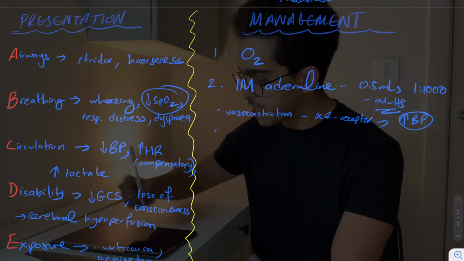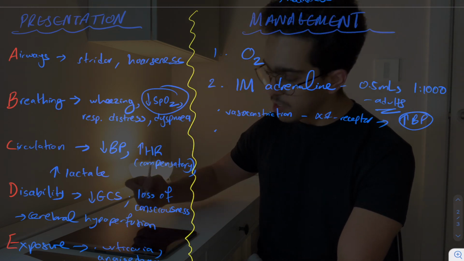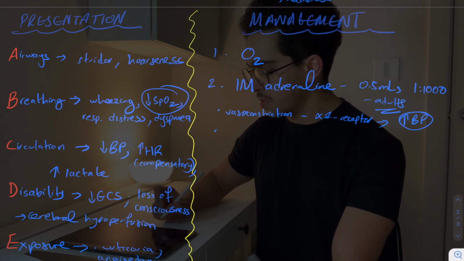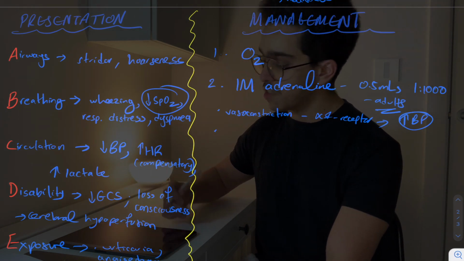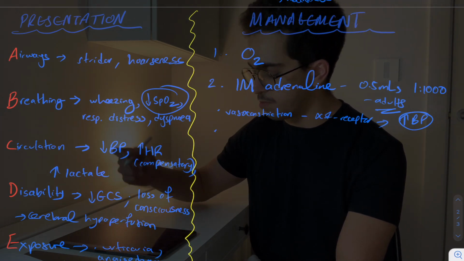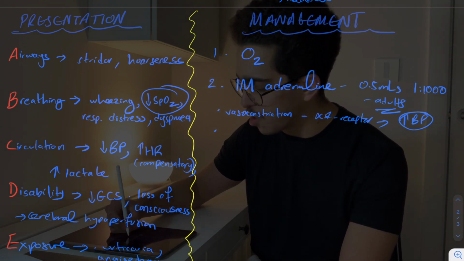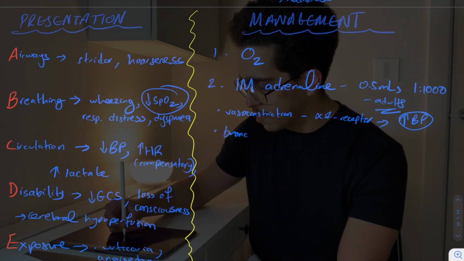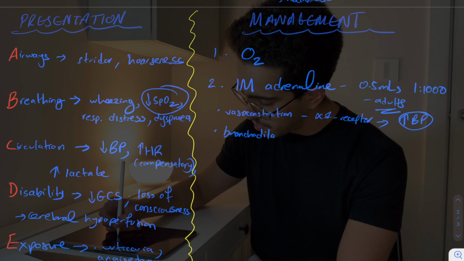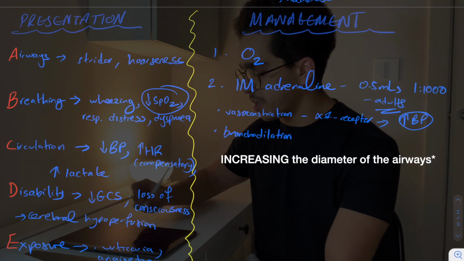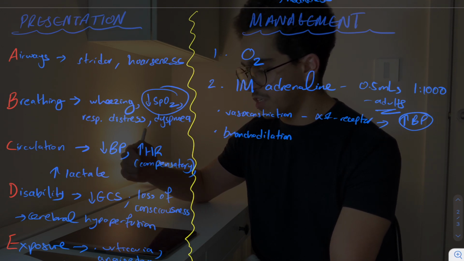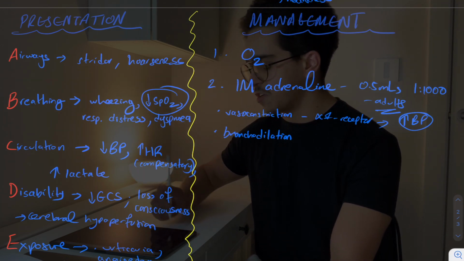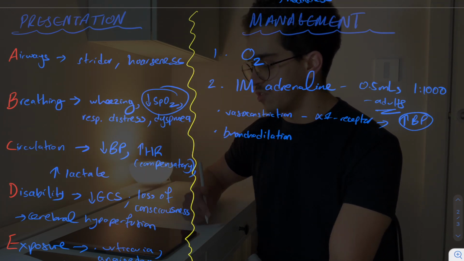Okay, so what else will adrenaline do? Adrenaline will also go to the bronchial smooth muscles. And what will it do to them? It's going to bind to the beta-2 receptors and it will cause bronchodilation, increasing the diameter of the airways, reducing the resistance, and increasing airflow to the alveoli.